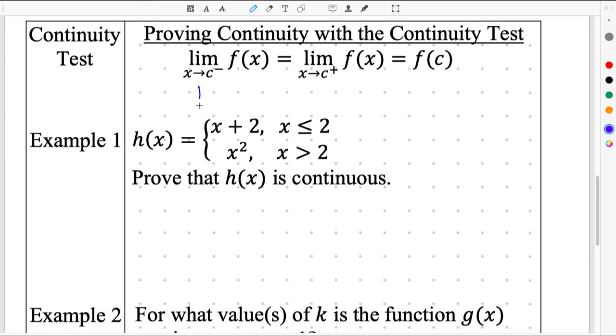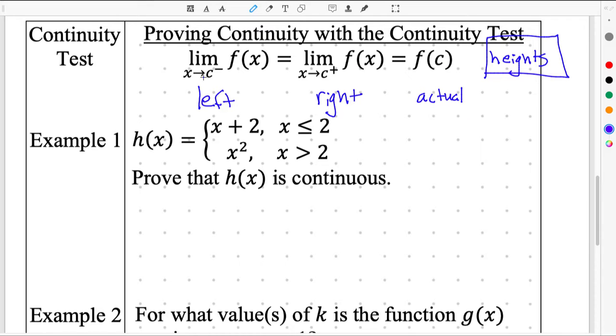So the left height is equal to the right height is equal to the actual height. All of these have to deal with heights.